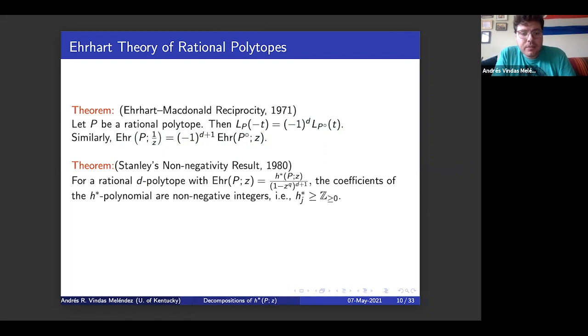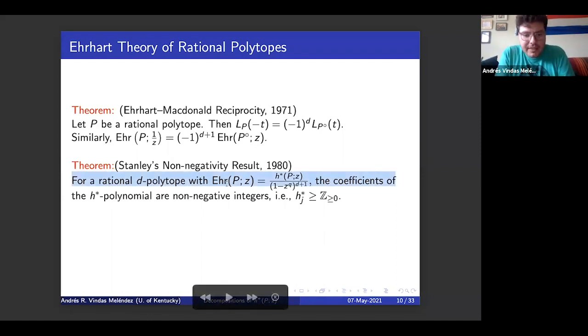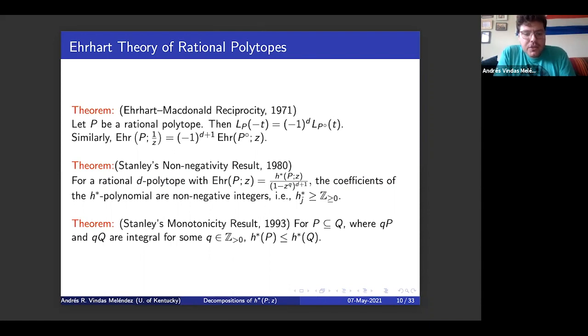And in the 80s, Richard Stanley proved that the coefficients of the H star polynomial are in fact non-negative. So that's quite nice. And I hope that I'll illustrate a different way to get Stanley's results from one of our results. Also due to Richard Stanley from 93 is this monotonicity result that some of you might have seen, but I feel like maybe it's not as popular as some of the other Stanley results in Ehrhart theory.